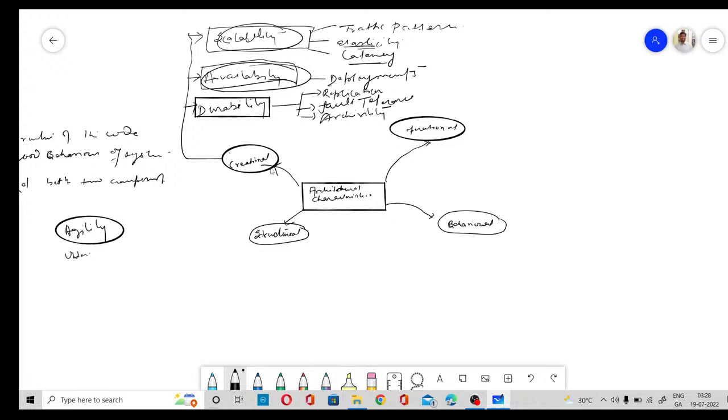Then it should be properly configurable, so it should be easily configurable. And then the deployability.